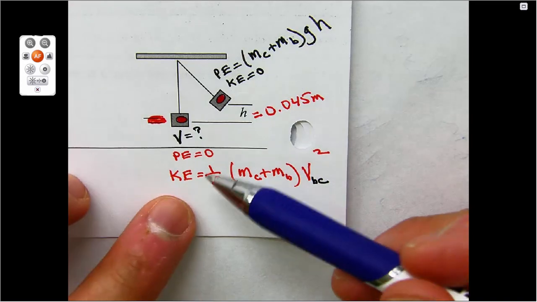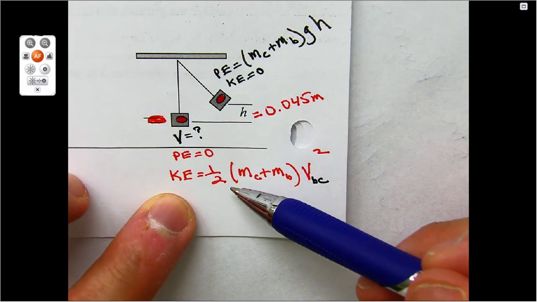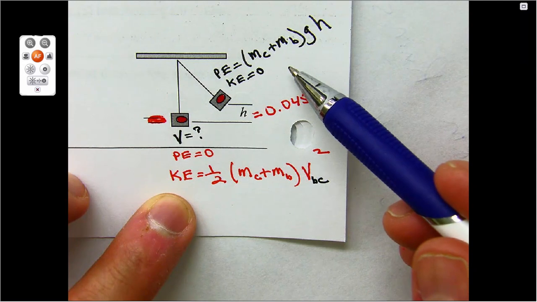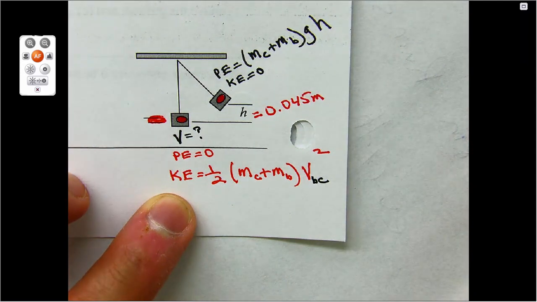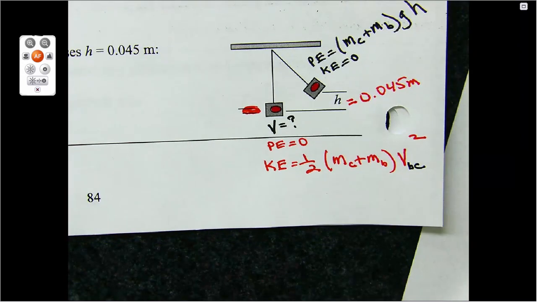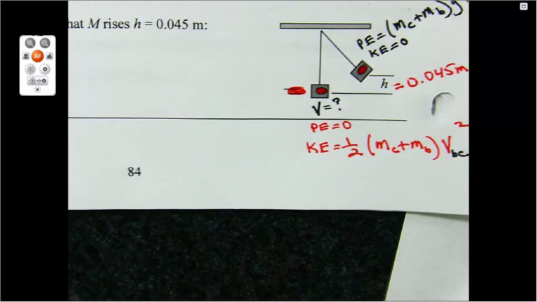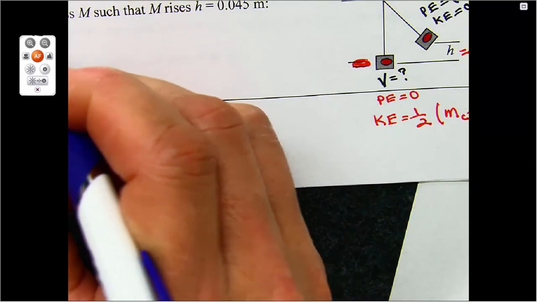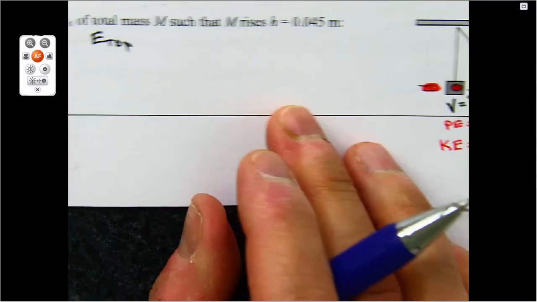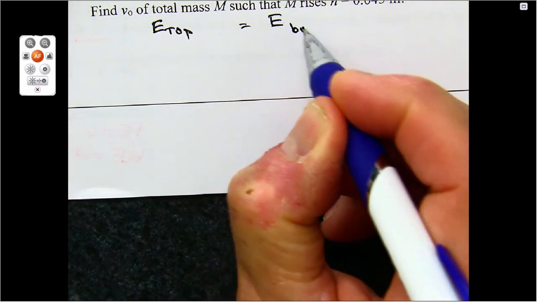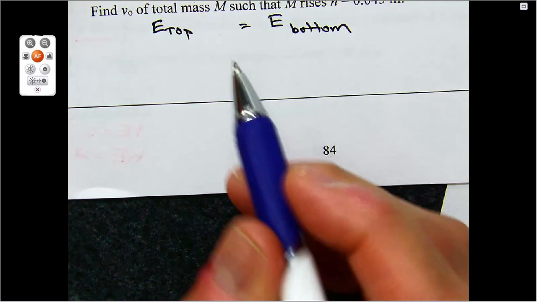So the kinetic energy at the bottom has to equal the potential energy on top, right? And our masses are going to cancel out, aren't they? So in this case, the energy at the top equals the energy at the bottom, right?